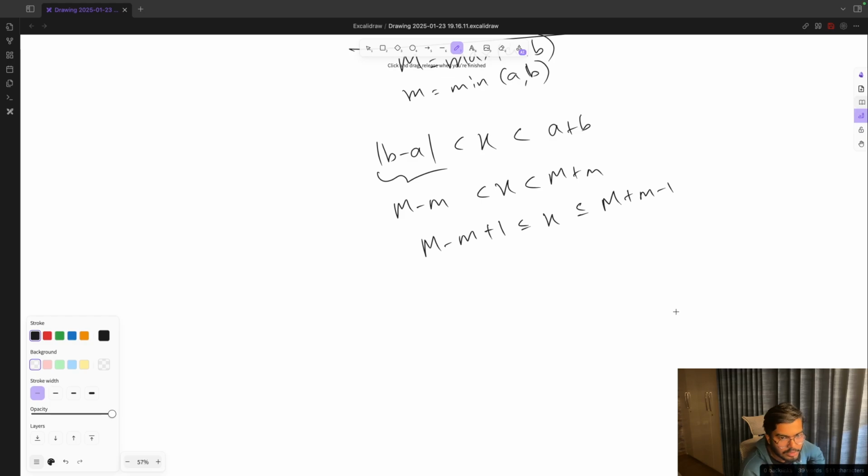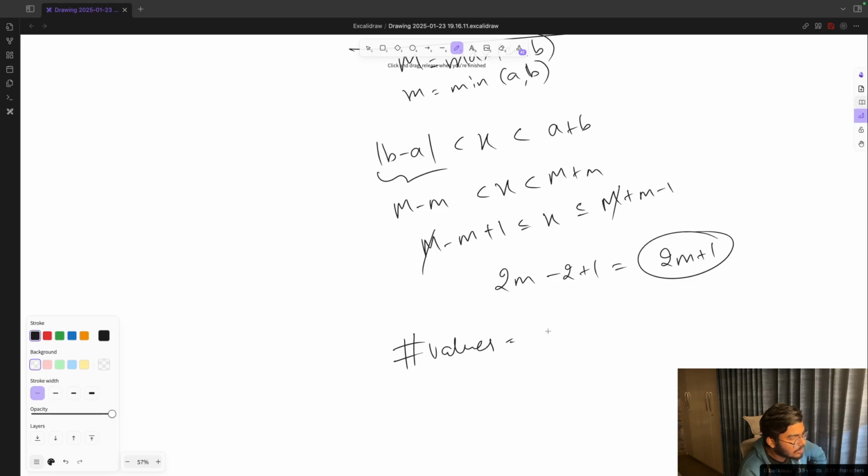So the total number of values, if you calculate, will be R minus L plus 1. So it will be R minus L, so capital M cancels out, 2m minus 2 plus 1, which is equal to 2m minus 1. Okay, so the total number of values is equal to 2 times the minimum of A comma B minus 1, right?